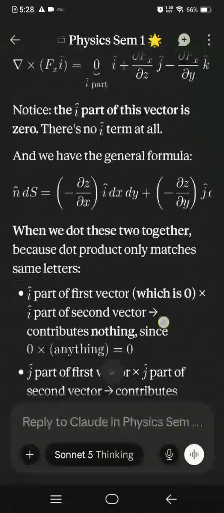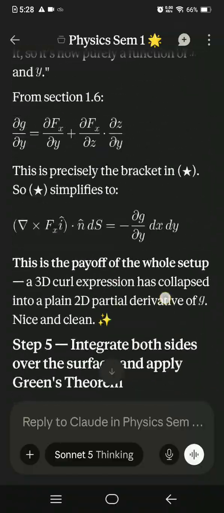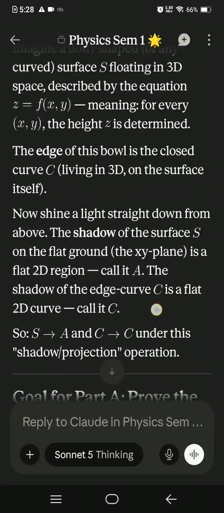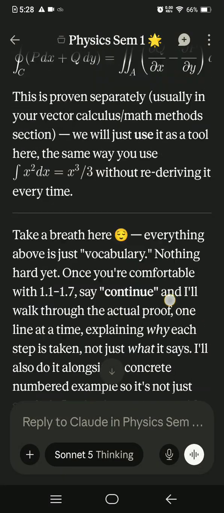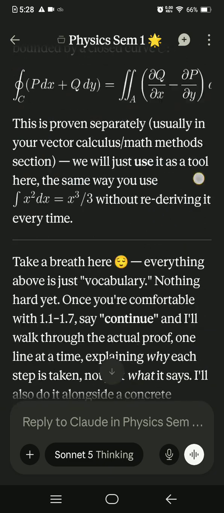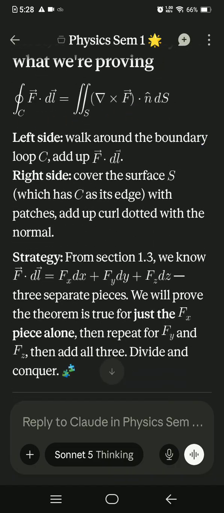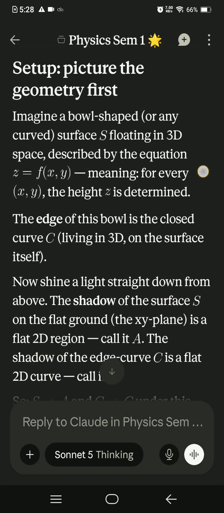Fine, let's try to make sense of what happened. Let's start. So we need to prove this. To prove this, we have this geometry.